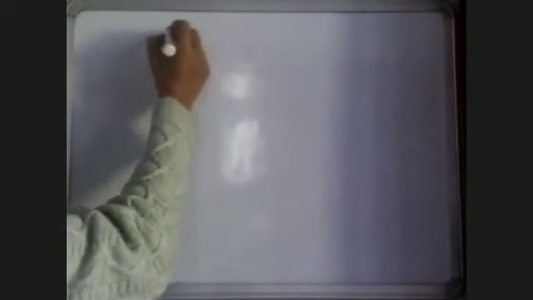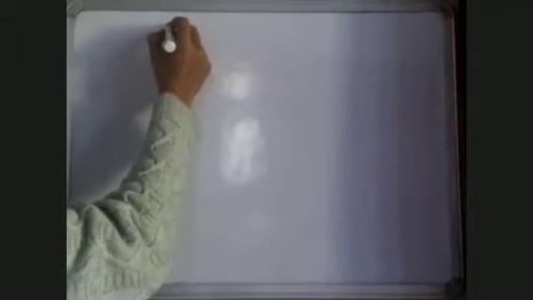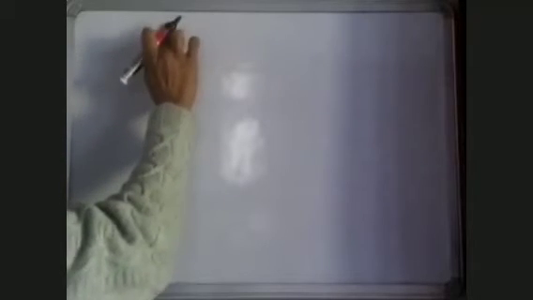Plant cell has a double layer, so usually it is made like this. In some cases, it is made in polygonal structure. Somewhere it is made hexagonal. Somewhere just a rectangle-like structure. So it can be made any way, but in your NCERT books, you will find it like this.